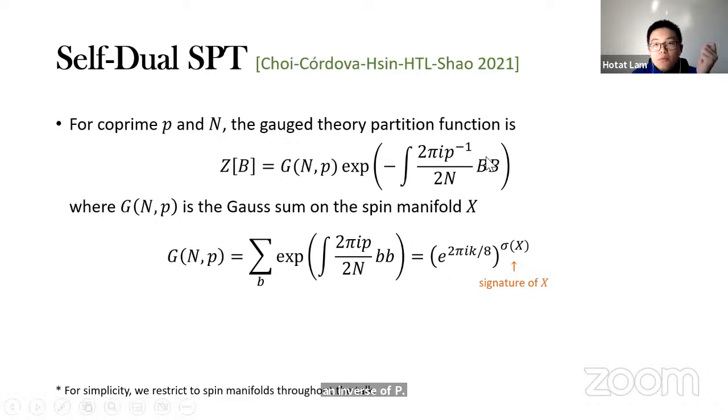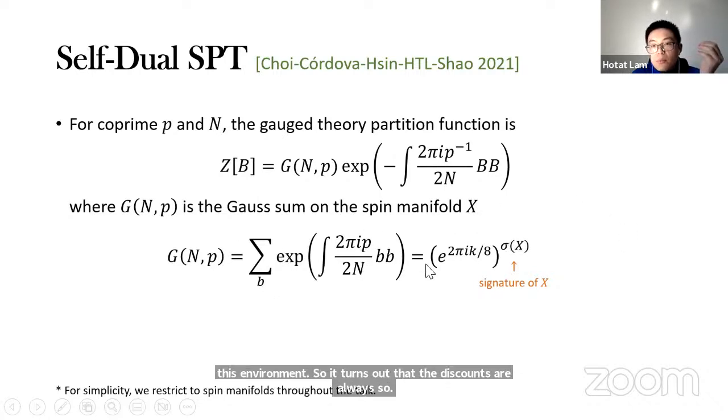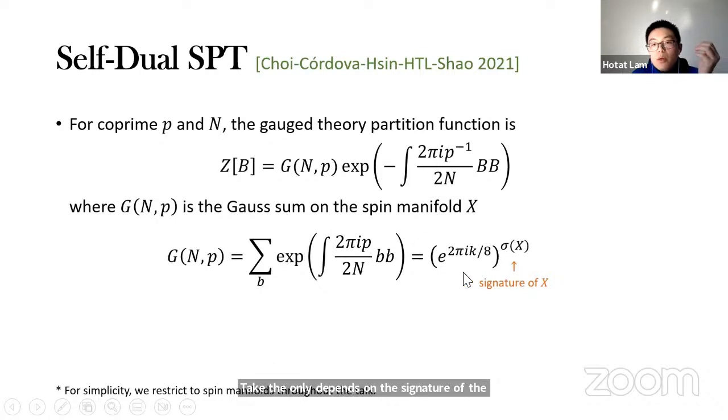But other than this phase, there's also a sum, or path integral, that I need to do. The sum is essentially a Gauss sum on this spin manifold. It turns out that this Gauss sum only depends on the signature of the manifold, and it always takes the form of an eighth root of unity multiplying the signature of the manifold.